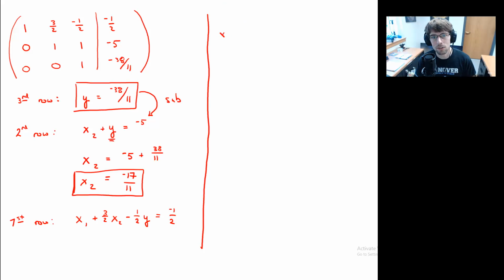Right? I'll go ahead and do that. You're probably way ahead of me already. 3 halves minus 17 over 11. I do it this way because I have a tendency, as you have already seen, to drop negative signs inadvertently. So when it comes to actually finding specific values, I tend to do this first.